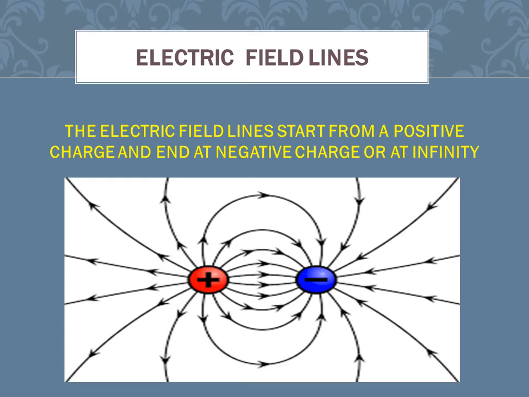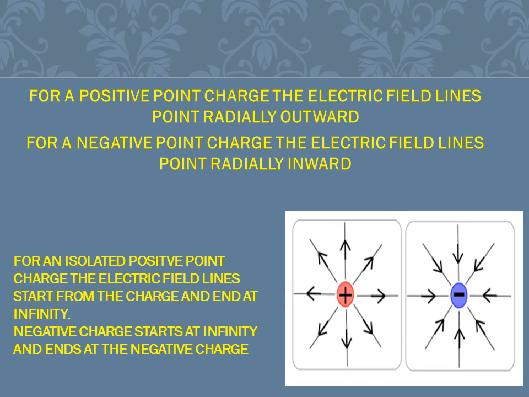I repeat, the electric field line starts from a positive charge and ends at a negative charge or at infinity. The second property says, for a positive point charge, the electric field lines point radially outward. For a negative point charge, the electric field lines point radially inward. See the diagram, you can clearly understand from it.